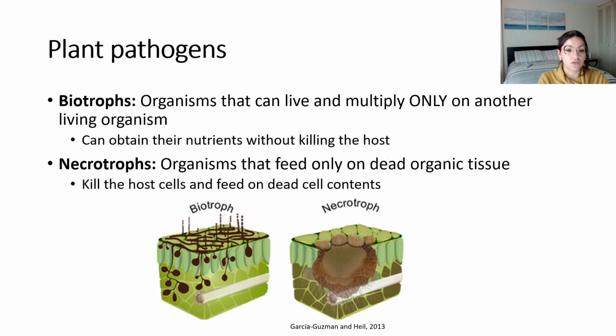And we have necrotrophs, which are organisms that feed only on dead tissue, and they kill the whole cells and feed on dead cell content. They usually produce different enzymes to kill the host and be able to take the nutrients and feed themselves. It is important to note that the pathogens that we have studied today, all of them are biotrophs.